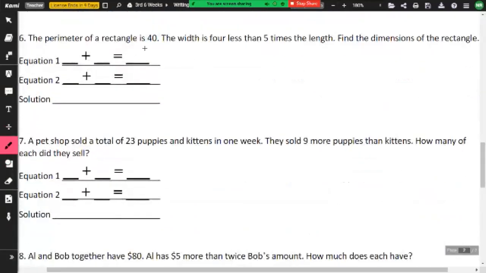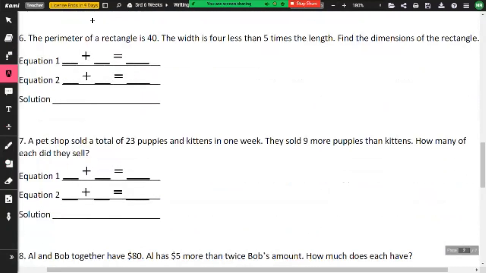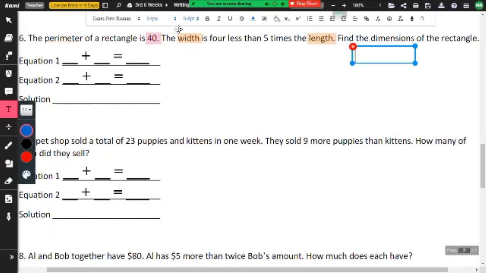Perimeter, this is one of the tricky ones. So we're talking about width and length. Your total is perimeter, or your total is the 40. That is the one total that they give you. When we're talking about perimeter, remember that's adding up all the sides.